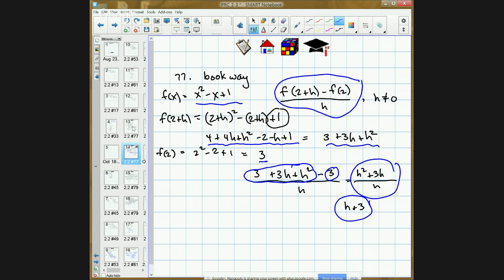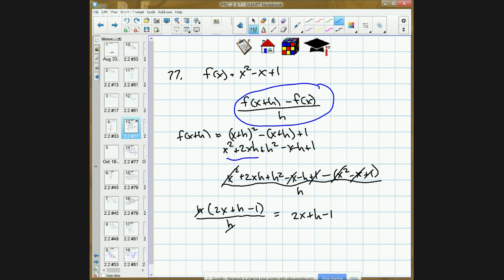You first find f of x plus h, and you already know f of x, so you don't have to find that, and then just plug it in and simplify. Once again, the h's cancel. Final result. Because I might have gone off it too quick, let me just go back. Here's the 77 in the book, the way the book wanted it done.